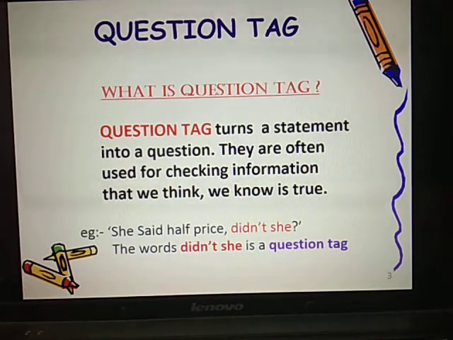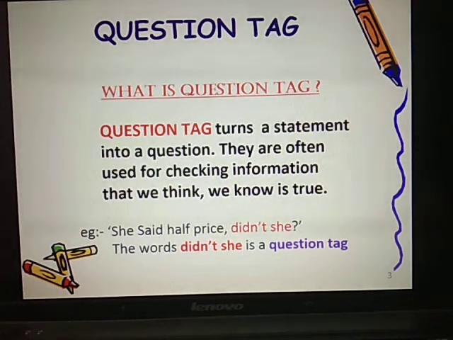They are often used for checking information that we think we know is true. So when somebody gives some statement, generally we use the question tag to confirm or check whether it's true. For example, she said half price, didn't she?